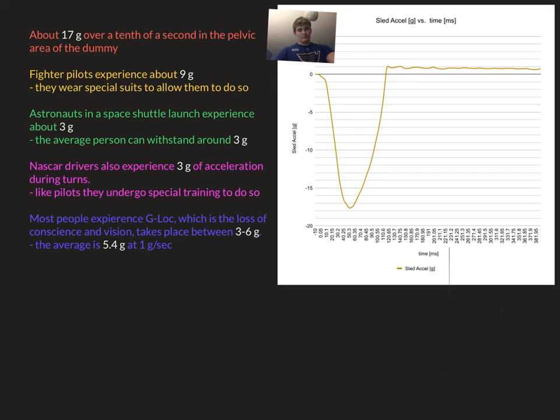So, as the mass of the system, in this case the driver, increases, the acceleration actually diminishes, and the change in acceleration is less drastic, and the health effects are lesser. But as the force increases, then the resulting health effects are greater due to the increased amount of acceleration acting upon the person.